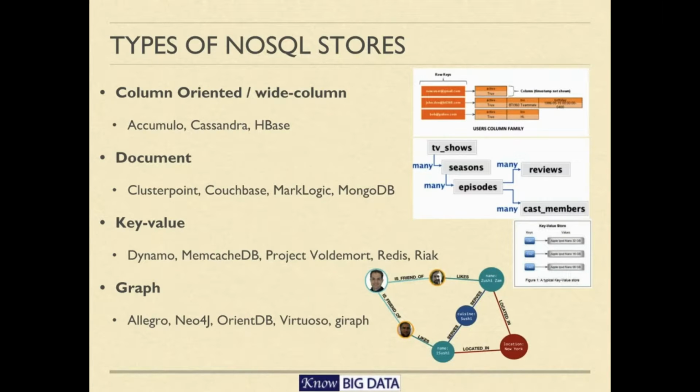All right, now the fourth is a very new kind of database which helps you store complex structures, the complex structure of a graph.